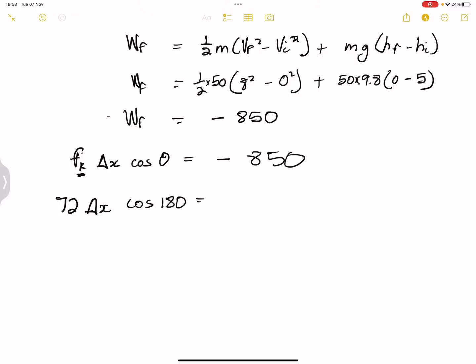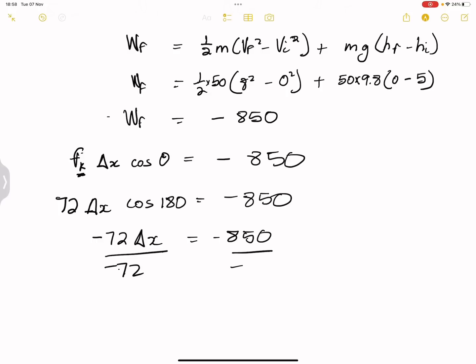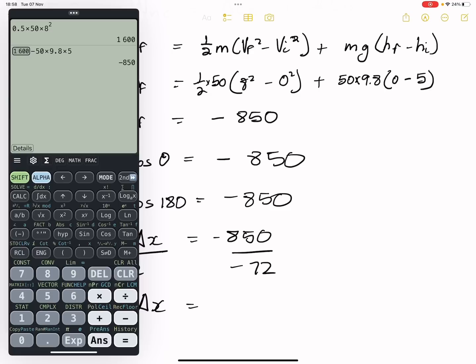So I'm going to look for delta x in this case. Cos of 180 is negative 1, so this will give me negative 72 delta x is equal to minus 850. Let's divide both sides by negative 72, and I get a delta x value. We're going to talk about that just now.